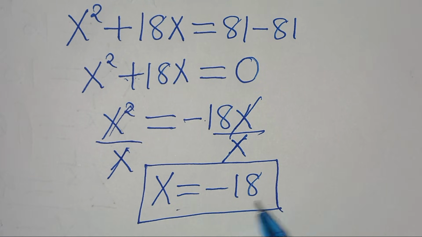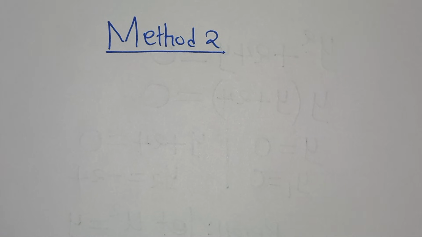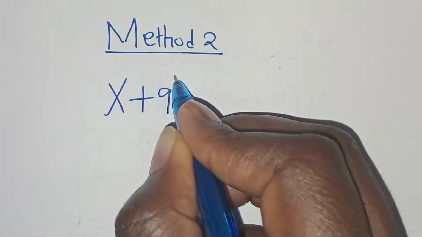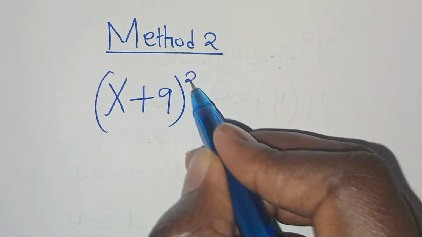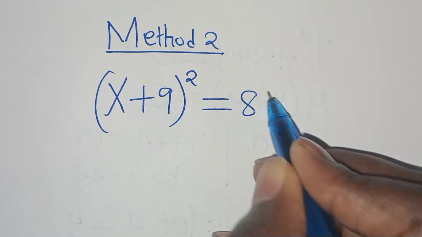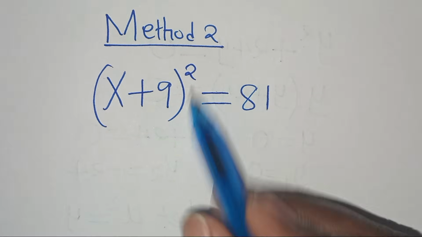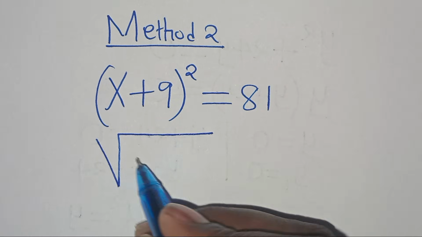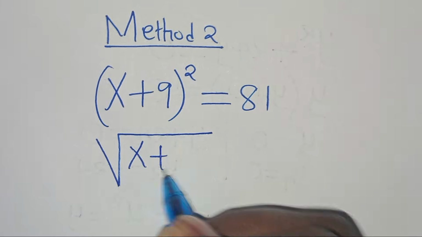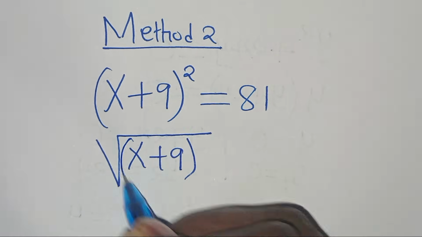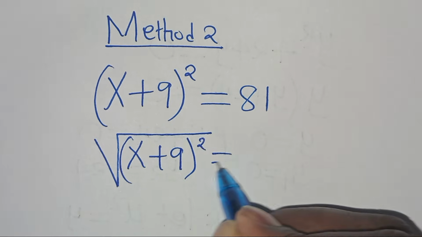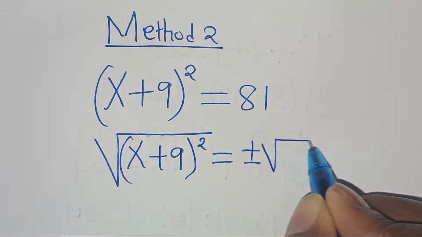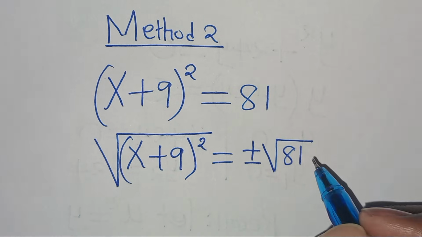So let's solve by applying method 2 from here. Now in method 2, we have (x + 9)^2 equal to 81. Now let's introduce a square root on both sides, so that we have the square root of (x + 9)^2 equal to plus or minus the square root of 81.